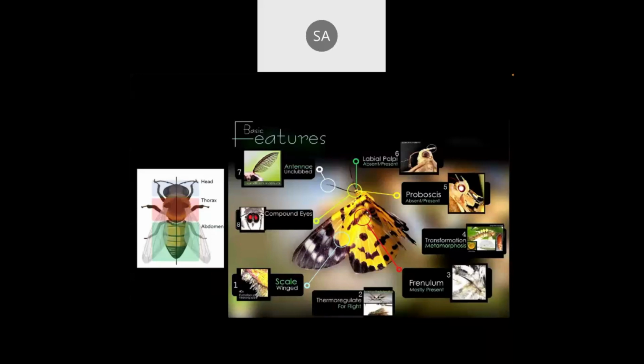Moths usually pick up the calls of bats during hunting so that they can avoid the predators. As soon as the moth detects the bat, it takes flight in the opposite direction so that it can be saved.